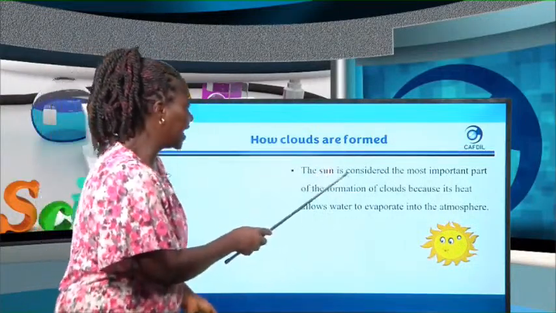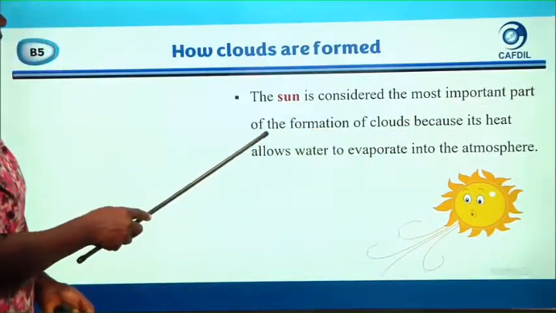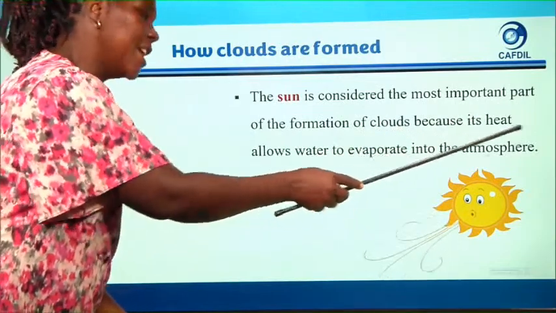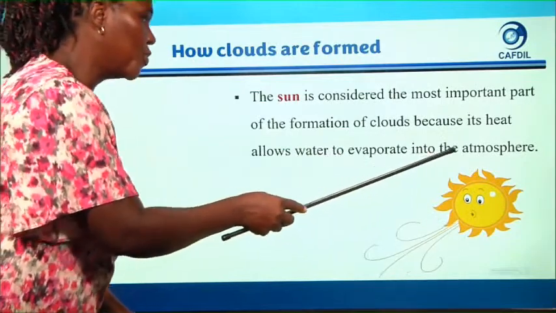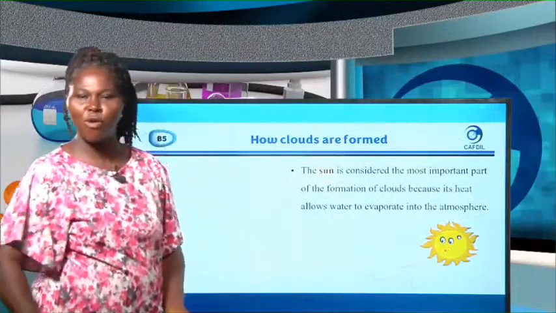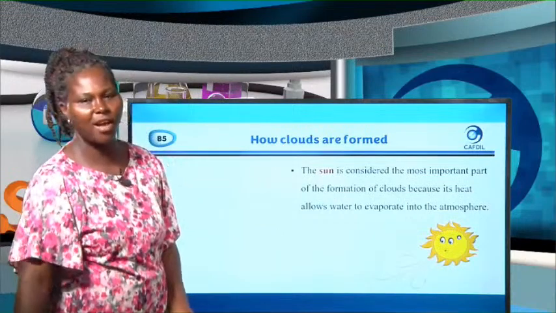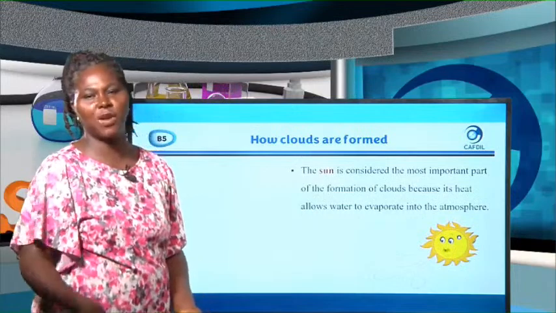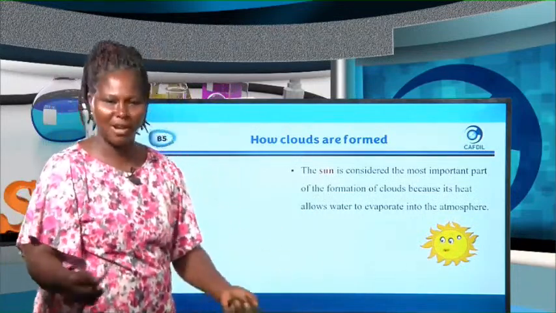The water evaporates from streams, rivers, waterfalls, and then we get our clouds. The sun will shine on them and it evaporates into the atmosphere and we get our clouds.